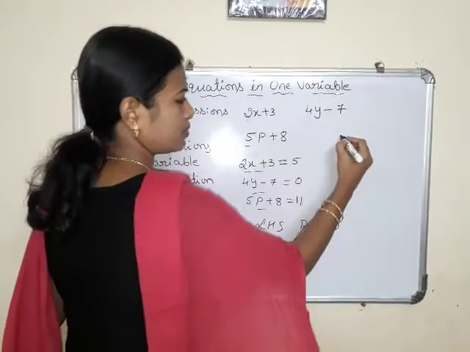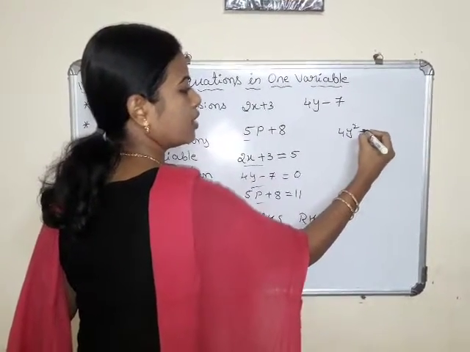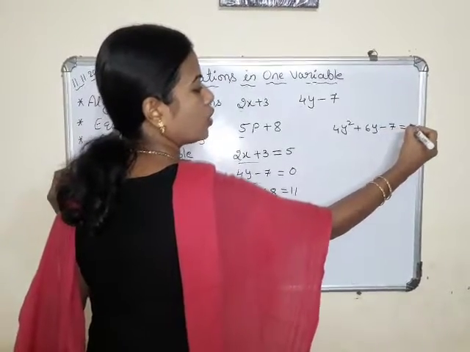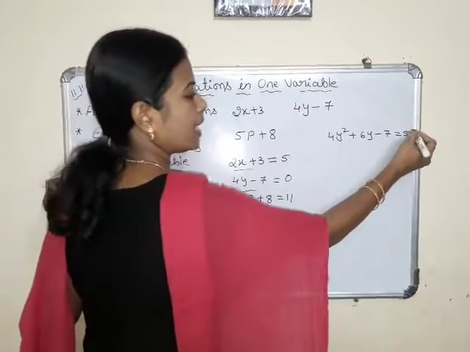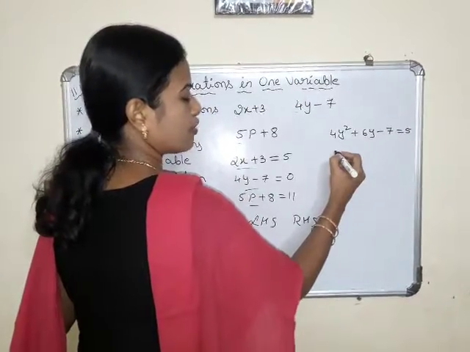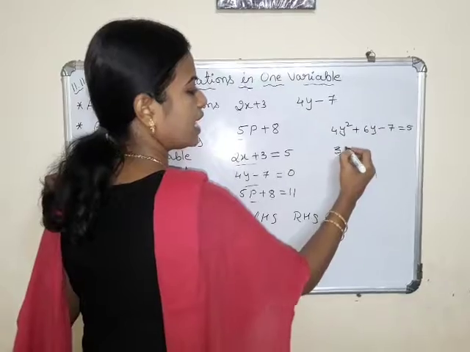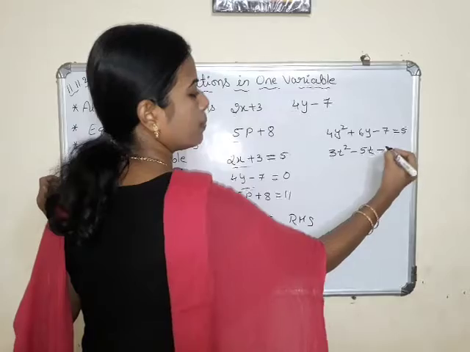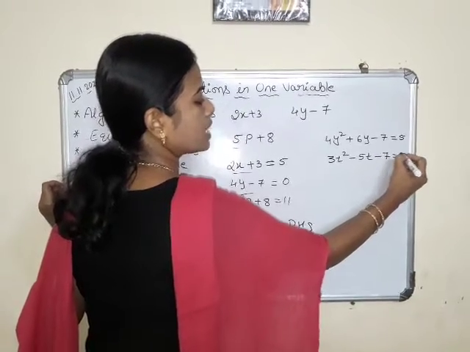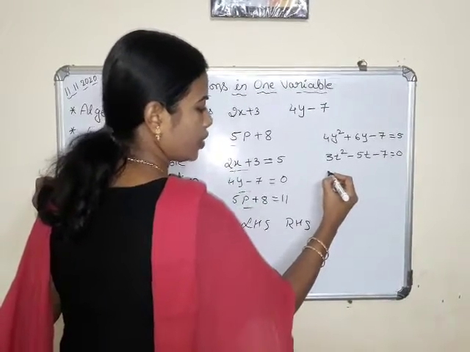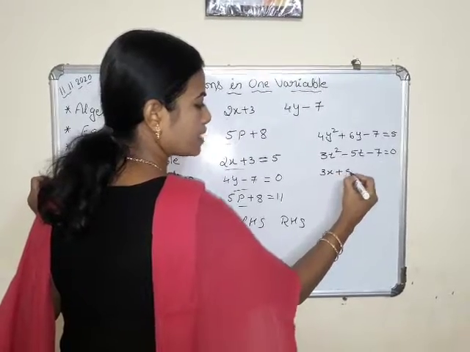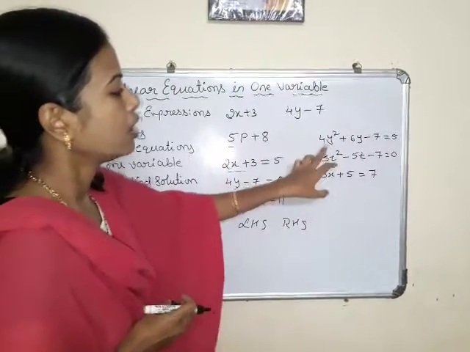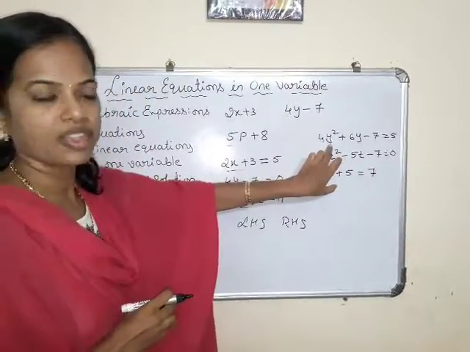If I write 4y square plus 6y minus 7 equals 5, or equals any number. One more equation: 3t square minus 5t minus 7 equals 0. One more: 3x plus 5 equals 7. You can observe here the highest power of the variable is 2.